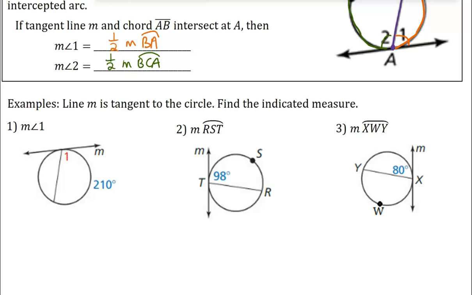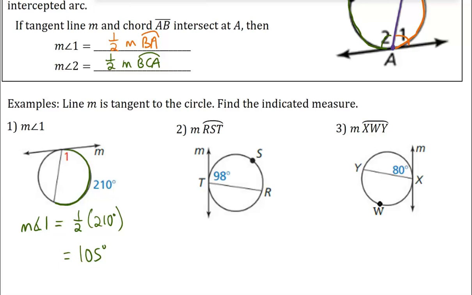So like measure of the angle, whatever, equals half of the measure of the arc, and then fill in your missing piece. Okay, so here the measure of angle 1 is half, and then its intercepted arc, this one right here, is 210 degrees. So then I can simplify to 105 degrees.